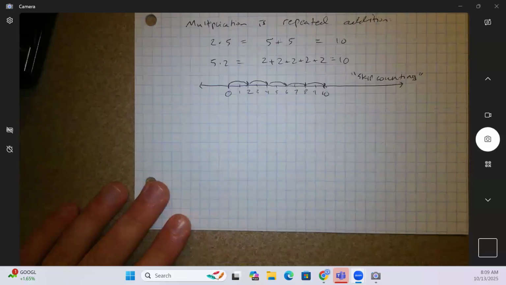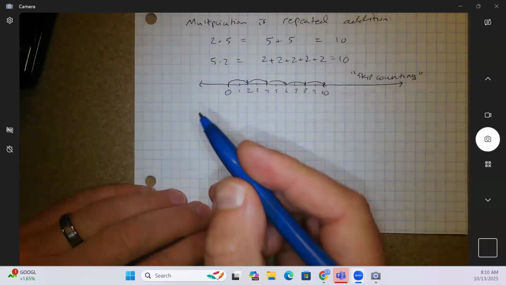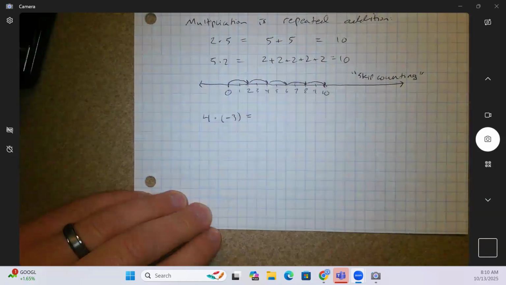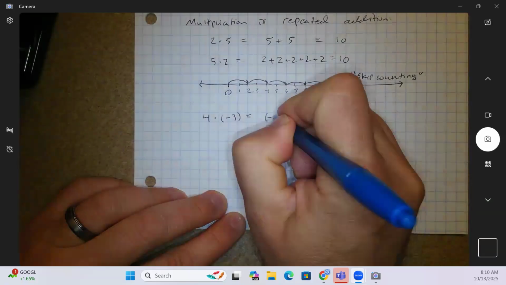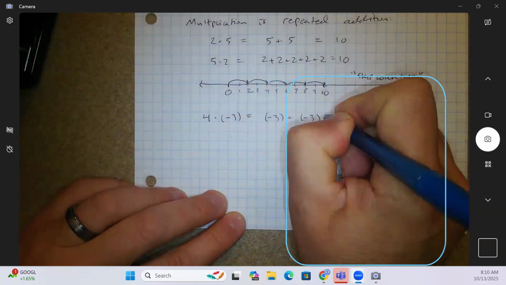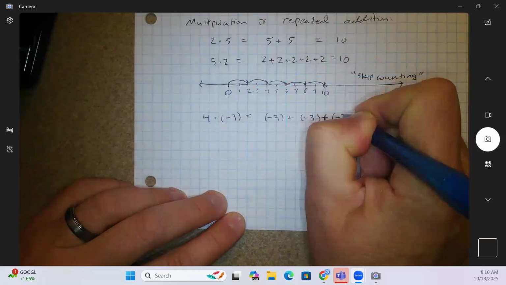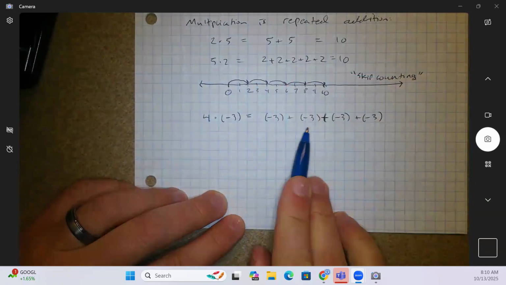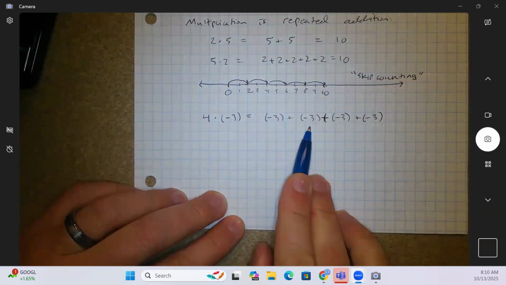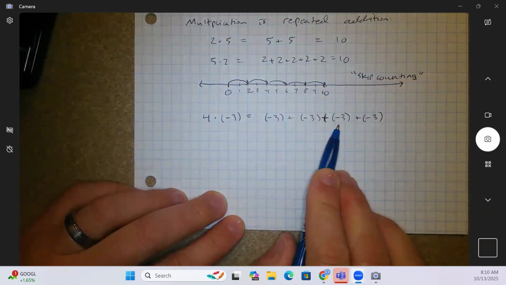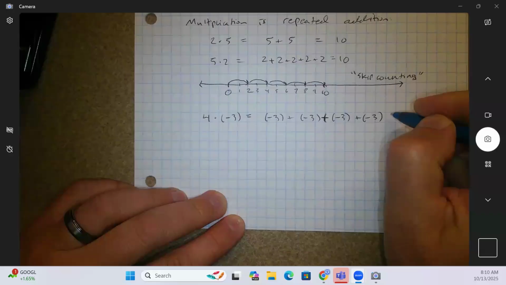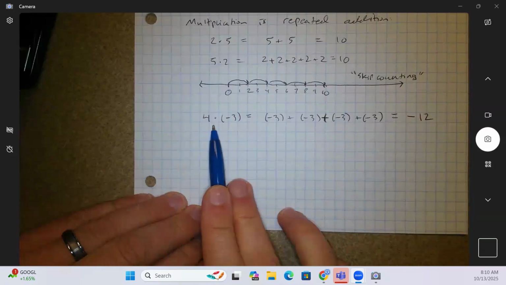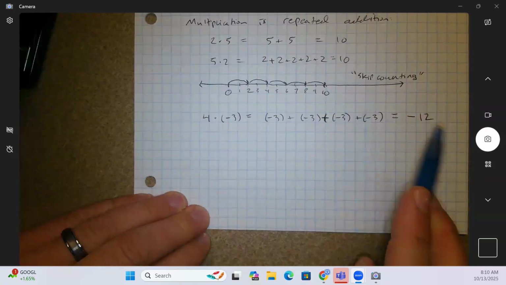If multiplication is repeated addition, now let's look at 4 times -3. Well, that's repeated addition of the -3. -3 plus -3 is -6, plus -3 is -9, plus -3 is -12. So 4 times -3 is -12.